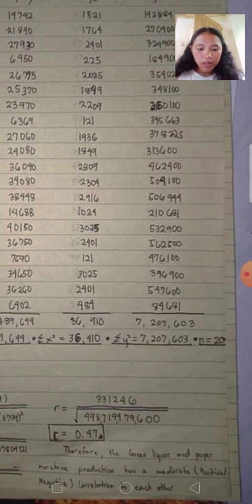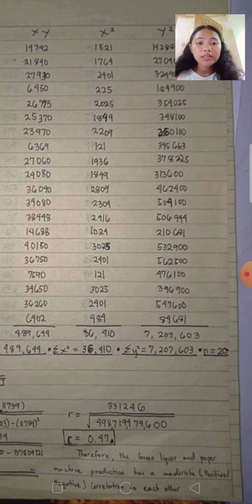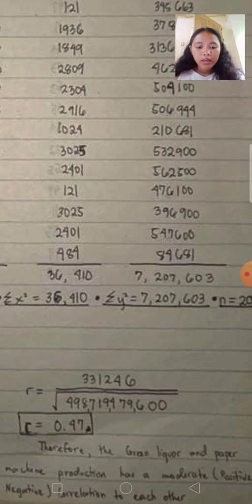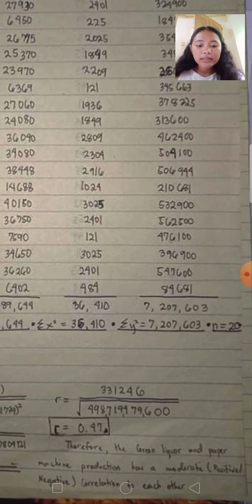And based on the table, ang 0.47 belongs sa positive result. Therefore, ang correlation sa variables in this problem has a moderate positive correlation to each other.